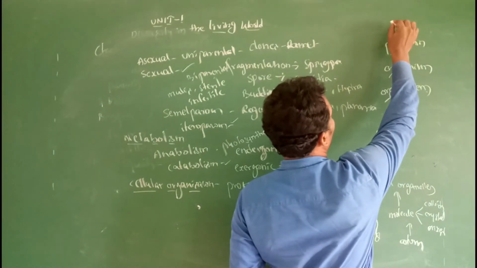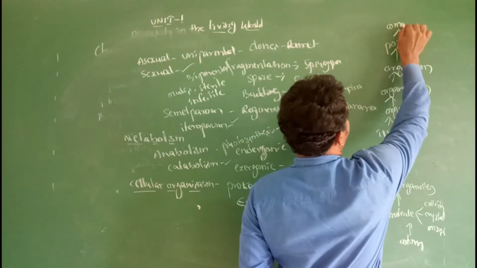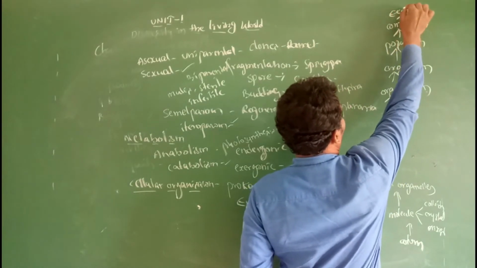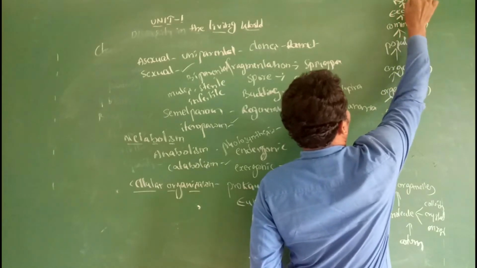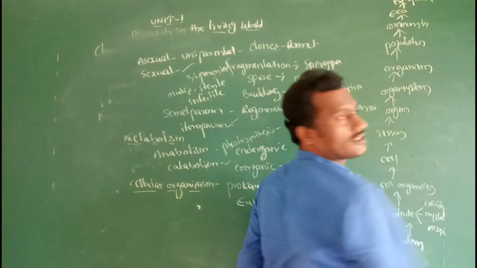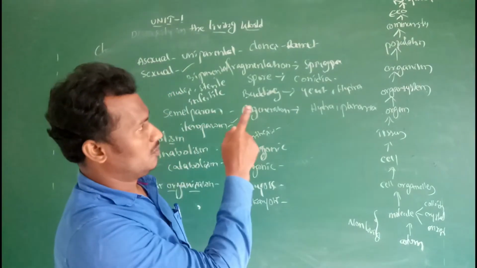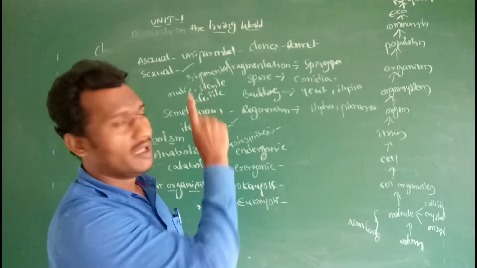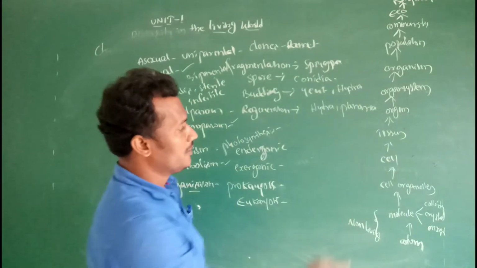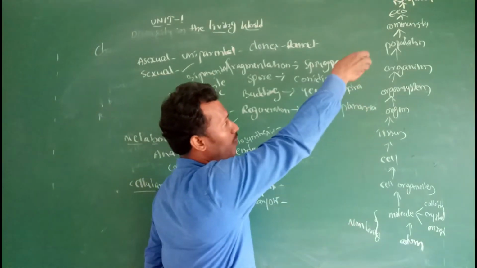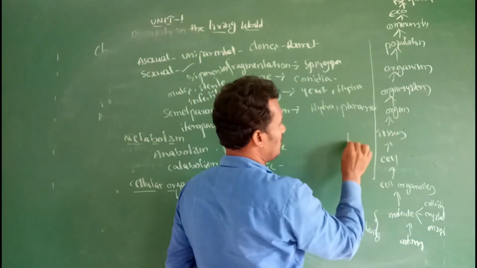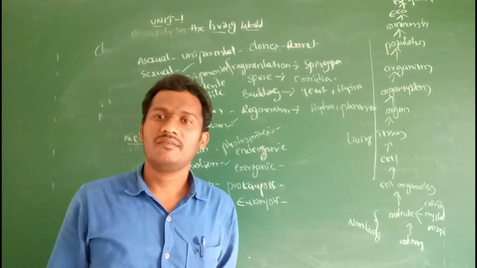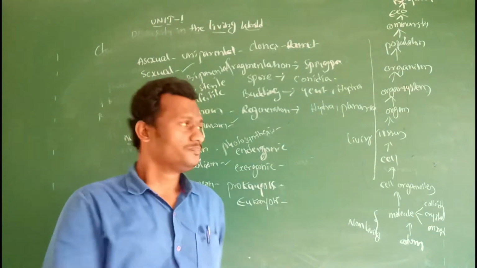Then population to community, community to ecosystem, and ecosystem to biosphere. So from cell organelle to biosphere, these are the living organization levels of organisms.